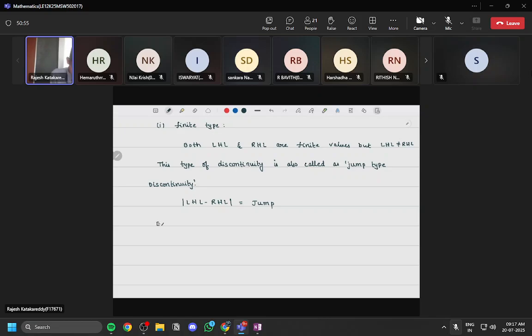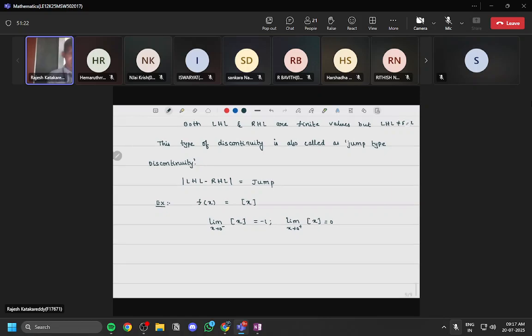You can take for example f of x equals greatest integer of x, or fractional part, anything. For greatest integer of x, the left hand limit at 0 is -1, and the right hand limit at 0 is 0. Now you can clearly see both are finite but not equal. There is one unit of jump in the graph. Clear? So this is about finite type discontinuity.